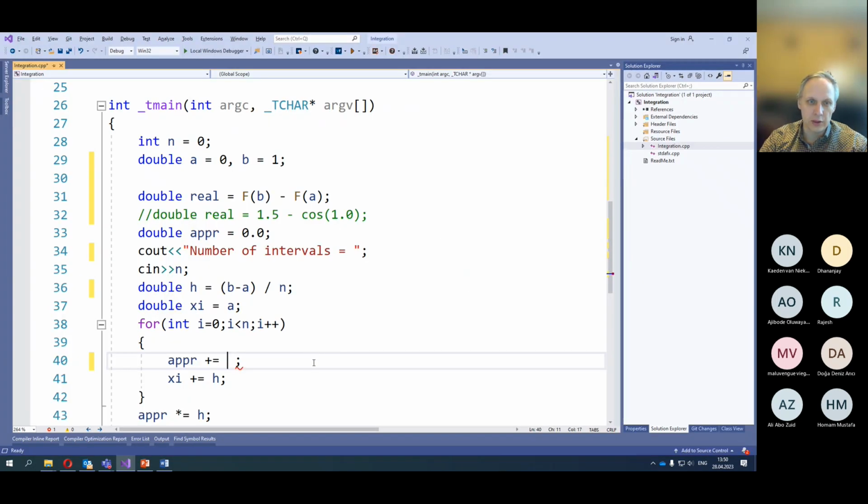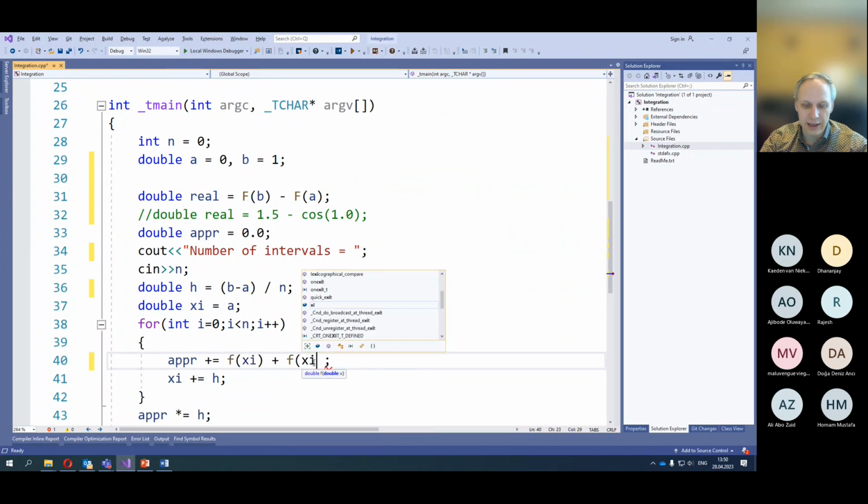The left point is xi, so it will be f of xi plus, what will be the right point?